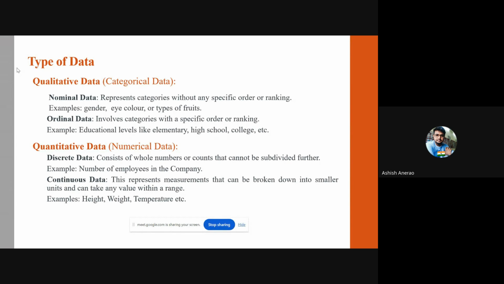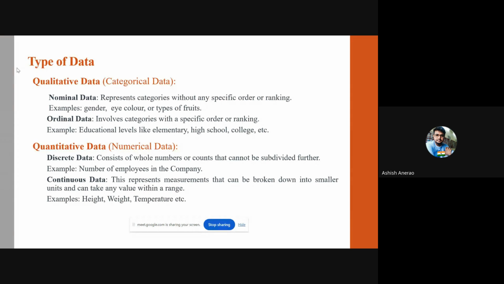Now next is ordinal data. Ordinal data involves some specific order or ranking. Sometimes we collect a questionnaire, and I'll give another example.